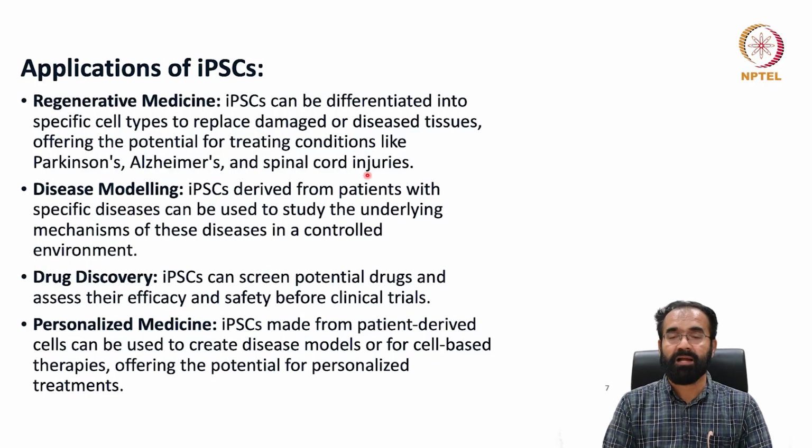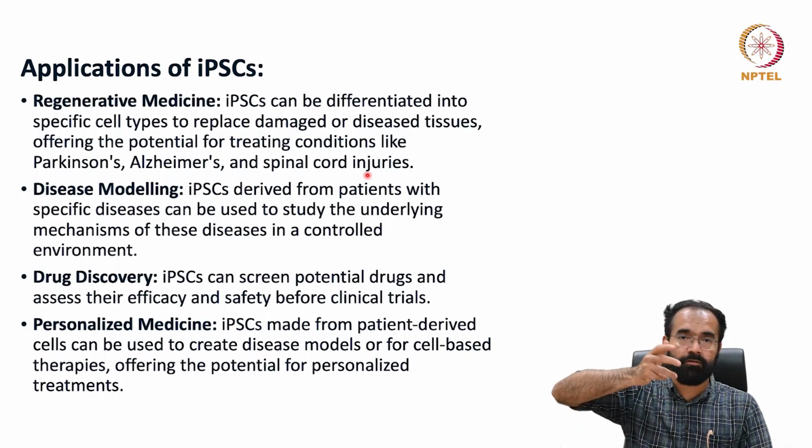In Parkinson's, people have fewer dopaminergic neurons being produced from the substantia nigra of the brain. Because of this, they will have uncontrolled muscle movement. You may have seen sometimes aged people whose hand may be shaking like this. Not that you are shivering with fear, not this way, but like this, it will be moving.